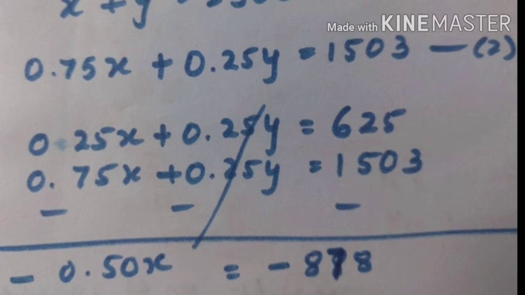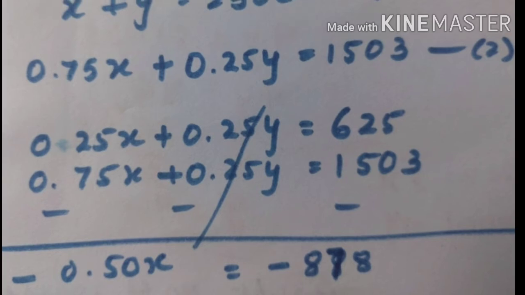So here 0.25y, 0.25y, that y variable gets cancelled in the subtraction. So we get minus 0.50x on the left side is equal to minus 878 on the right side. So by this calculation we will find the x value.